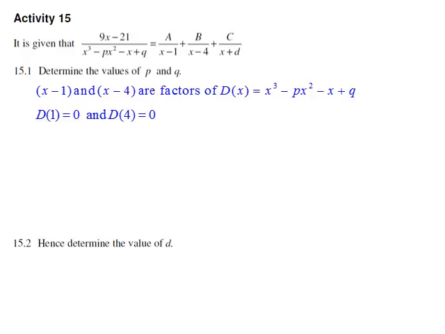Since x minus 1 is a factor, I can assume that D of 1 is 0, and since x minus 4 is a factor, I can assume that D of 4 is 0.